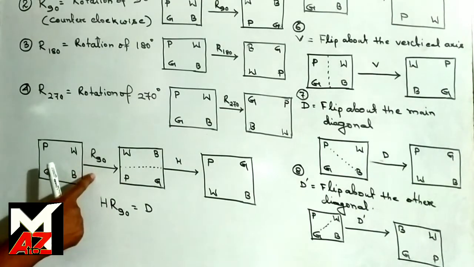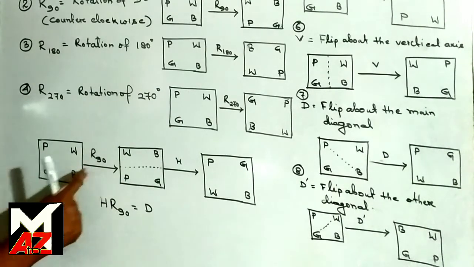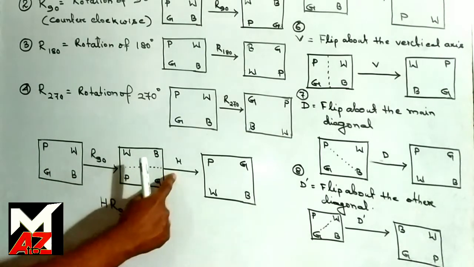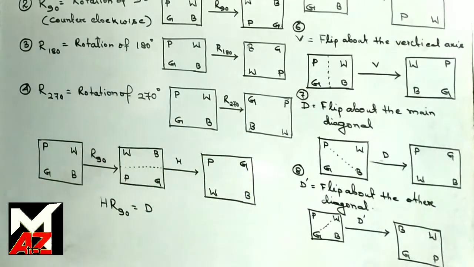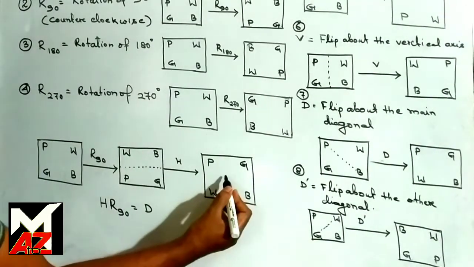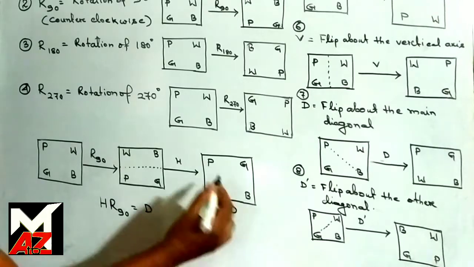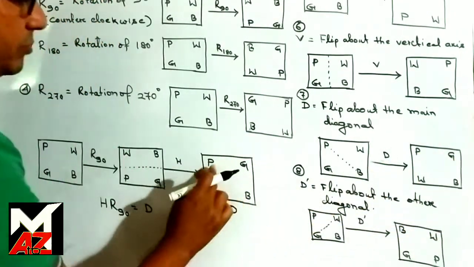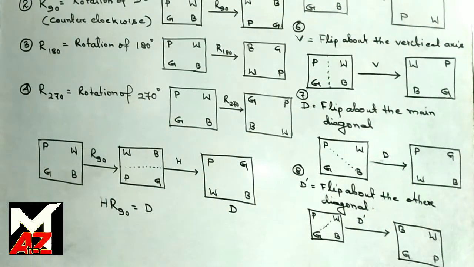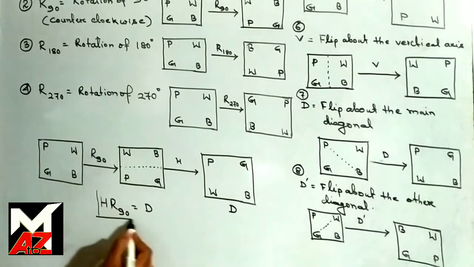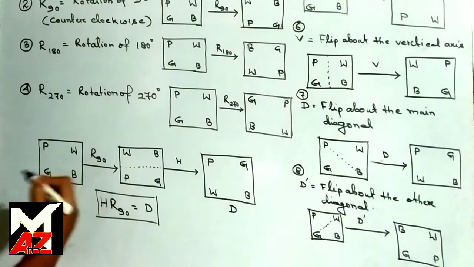Rotation of 90 degrees gives WBGP, and then H gives a position which we clearly see is D. So we can write H R90 equals D. This is the composition.